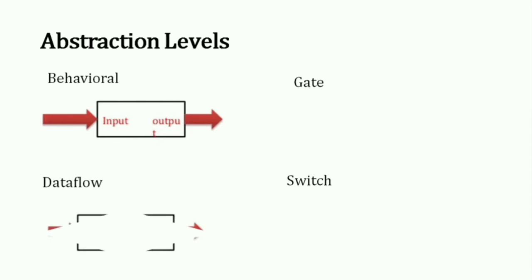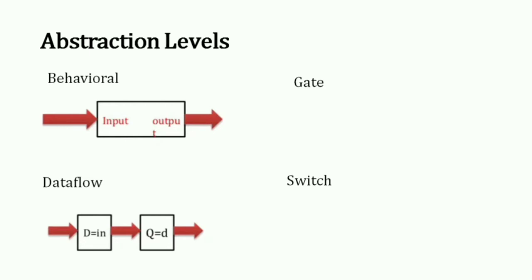Next is data flow. In this data flow module, we'll write the code in terms of expressions. Say the output is Q. What is this Q? Q is coming from D. Where is D coming from? D is an input.